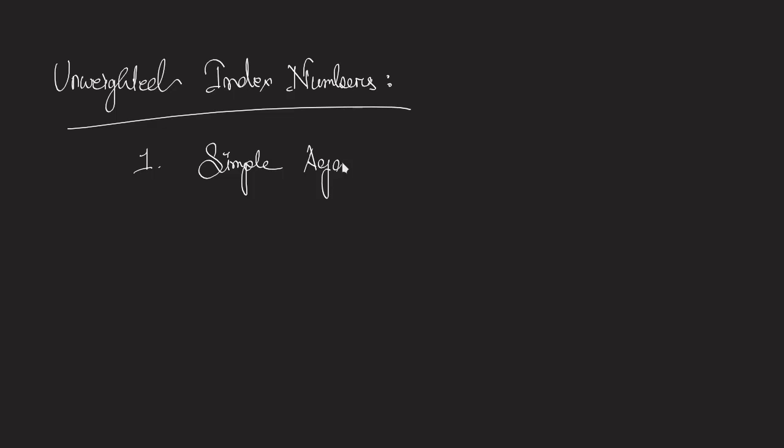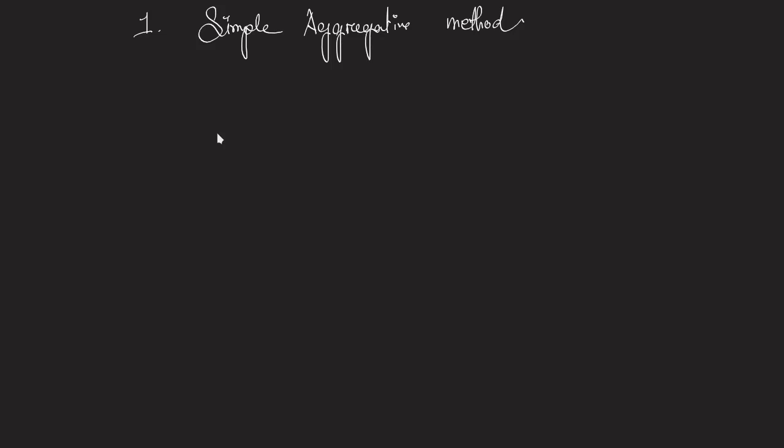So simple aggregative method, the formula to find out price index P01, 01 means current compared to base, is given by summation of all the prices at 1, at current time point, divided by summation of prices at base time point, into 100.